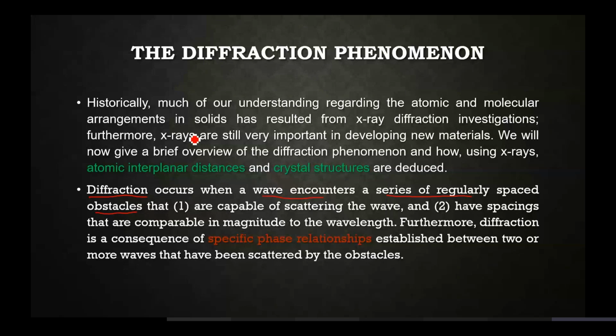The important condition for X-ray diffraction is that the spacing between the atoms should be comparable in magnitude to the wavelength of the X-ray. So the X-ray wavelength, lambda, and the atomic distance, the distance between two atoms, should be comparable in size.